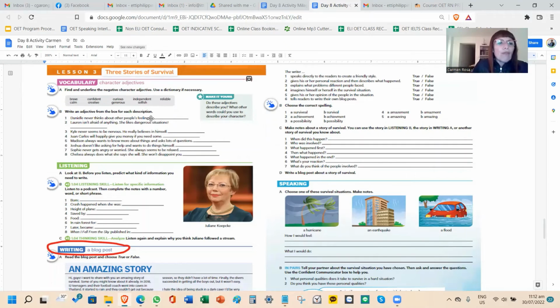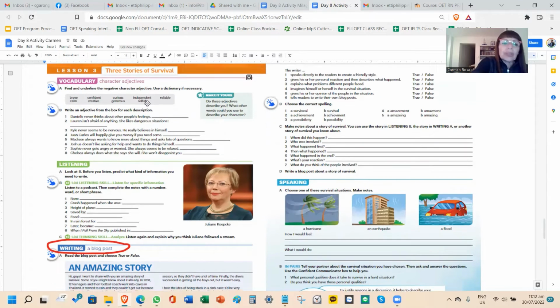Here it talks about character adjectives, negative character adjectives.